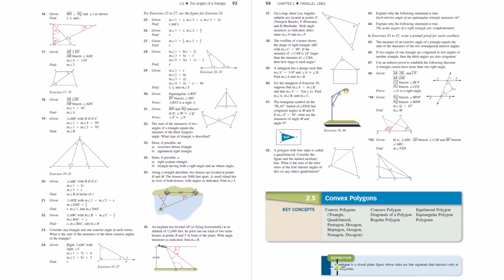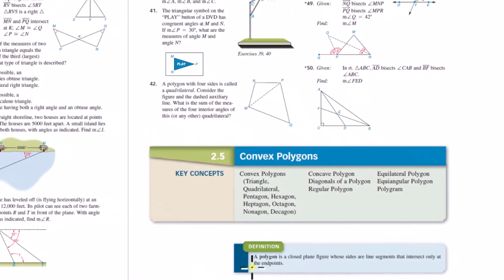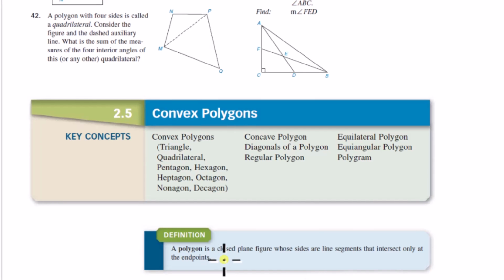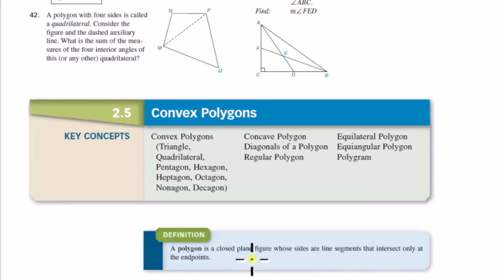All right. Definition: a polygon is a closed plane figure whose sides are line segments that intersect only at the endpoints. Okay, so let's make sure we understand this definition. First of all, it's a plane figure, so it's contained within a plane.